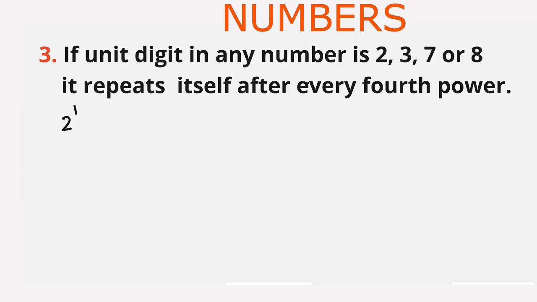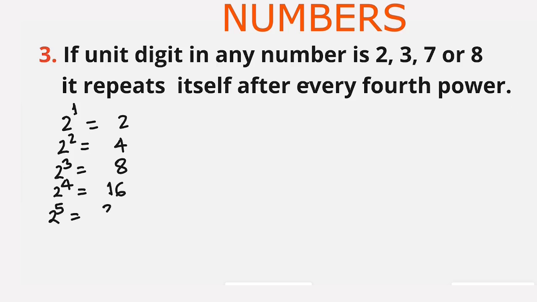2 to the power 1 is equal to 2. 2 to the power 2 is equal to 4. 2 to the power 3 is equal to 8. 2 to the power 4 is 16. And 2 to the power 5 is 32.